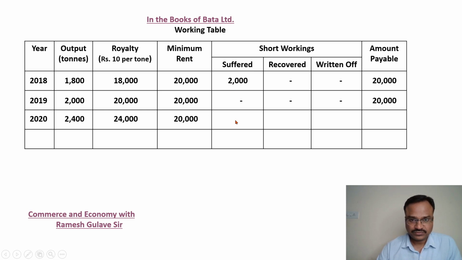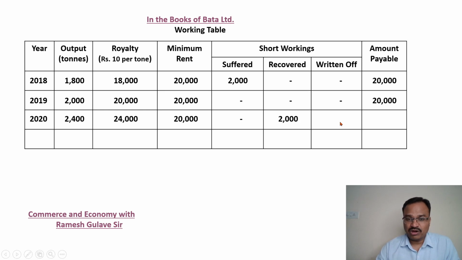Now in the suffered column there will be no amount, nothing. But in the recovered column there are 2000 rupees, because we can recover this short working which was suffered in 2018. So out of 2000, the whole amount of short working is recovered in this year, right?